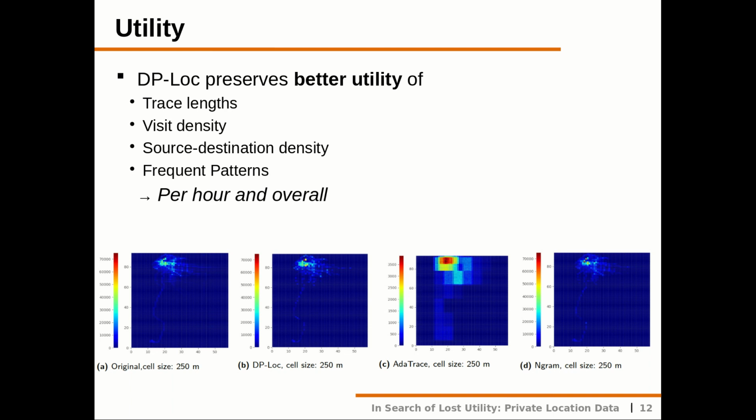But even though those showed really nice results, the overall utility for a whole day without time information still gave better results in the majority of the cases. And below you can see, I think, the visit density. The original, next to it our model, the AP log, and then another trace and the Ngram model's output.